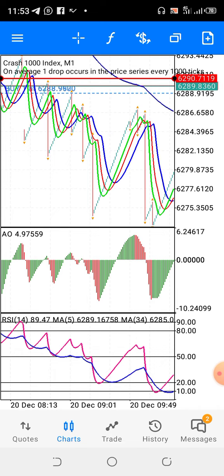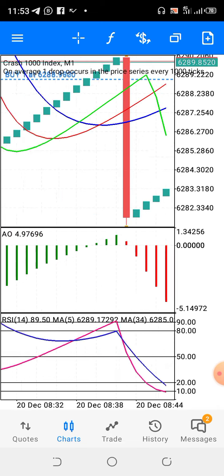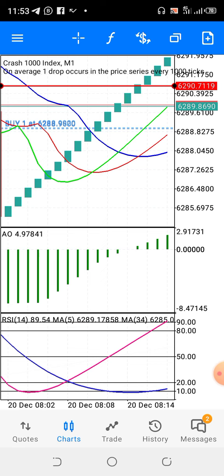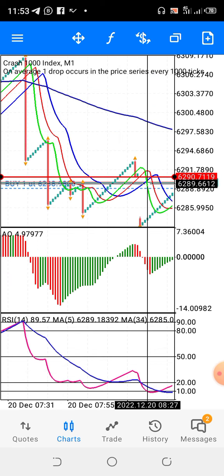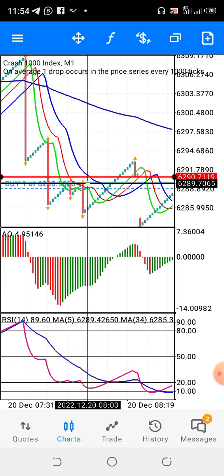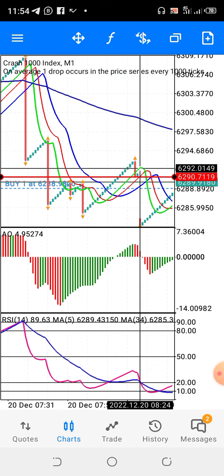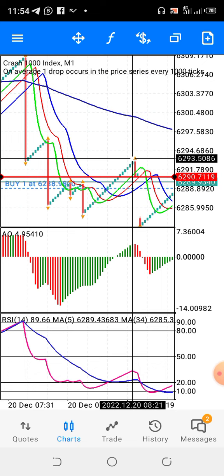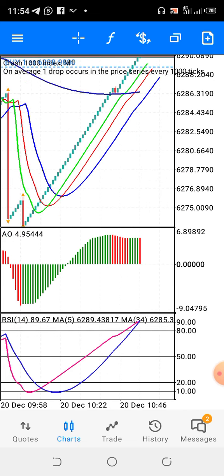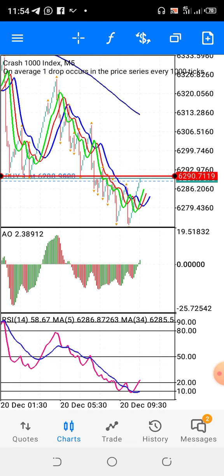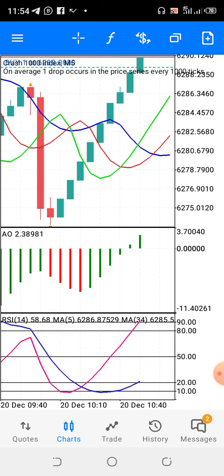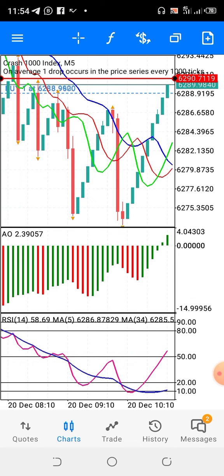Let me zoom out so that you see what I'm saying. If this market should cross this line here, which I doubt, it may not cross it. But I have confidence because of what I am seeing in my Crash 5 minutes time frame. That is where I'm taking my confidence from.